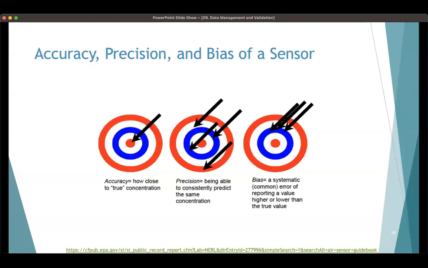What does accuracy mean? Think and tell me.